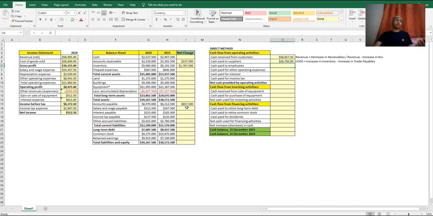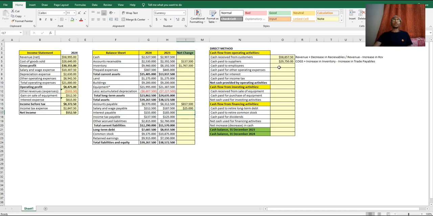If it reduces, then you add that amount. So here let's see what has happened. Salary and wages payable has increased. That means that much less cash has been actually paid than what is mentioned in the salary and wage expense in the income statement.